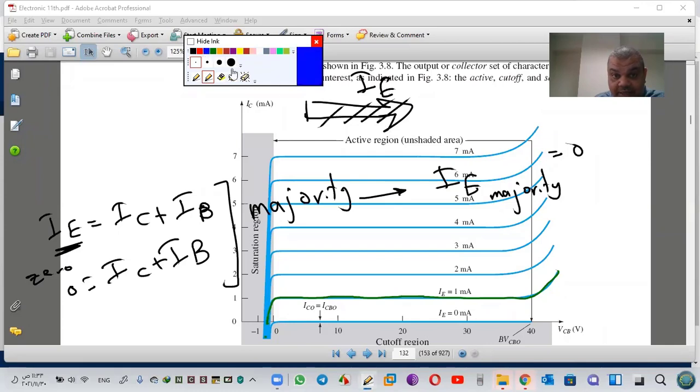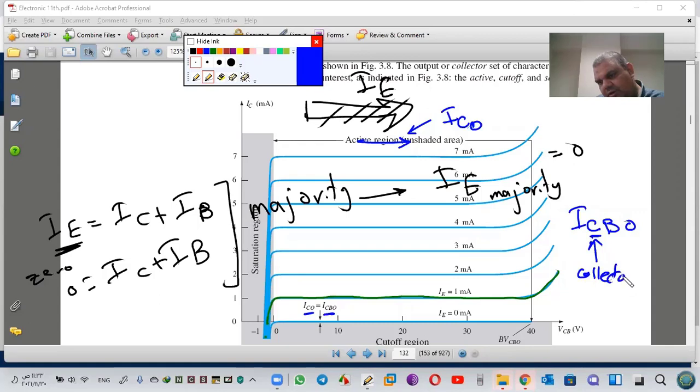But don't forget, we have IE minority. In the collector, we have IC minority, or ICBO. This is collector current. C is collector current, B means common base, and O means saturation or minority.